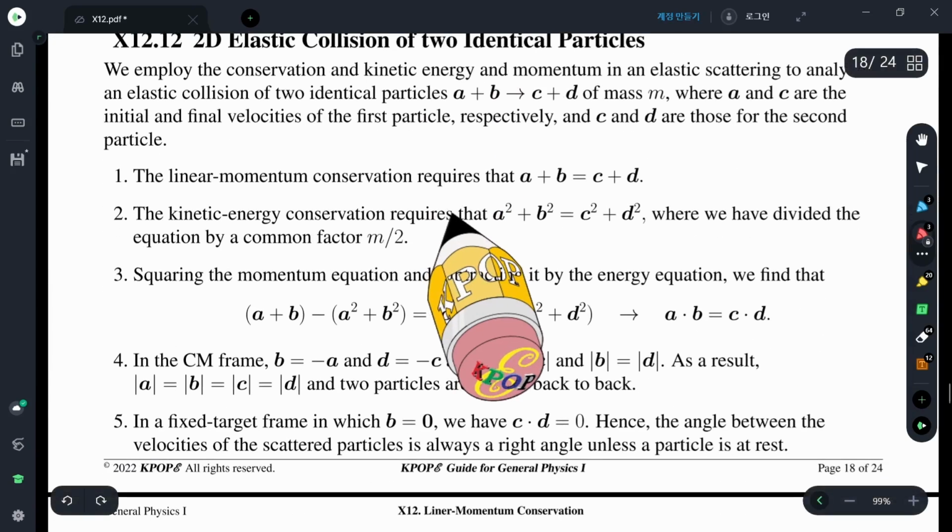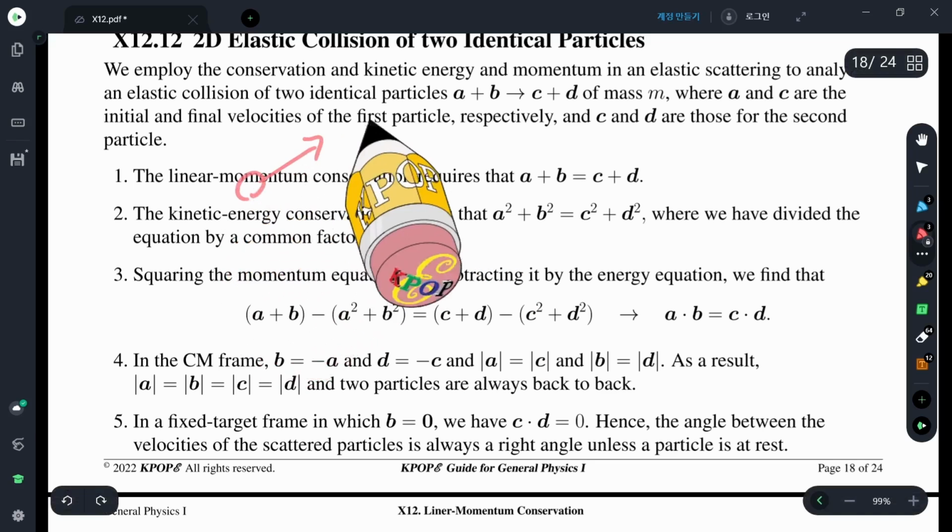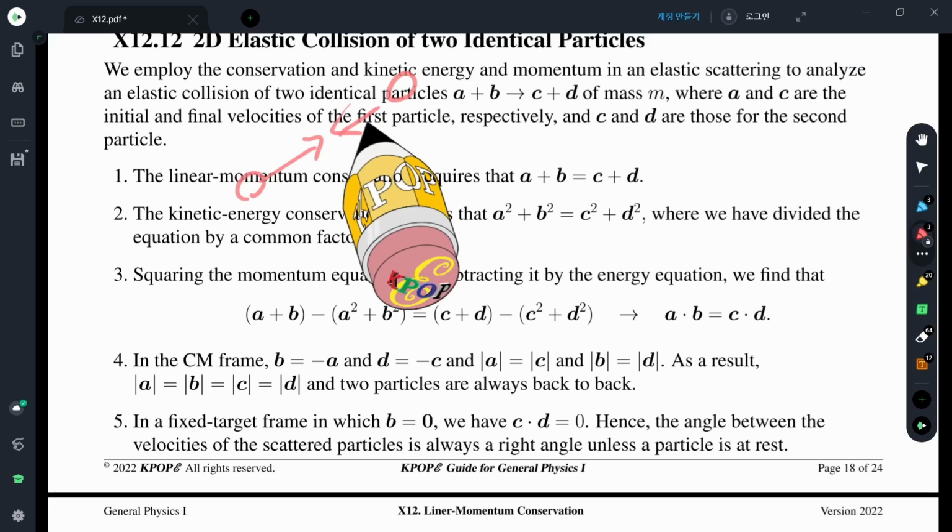Let us consider the two-dimensional elastic collision of two identical particles. In any case, we have a collision of two particles, whether identical or not. The two particles have the center of mass frame.